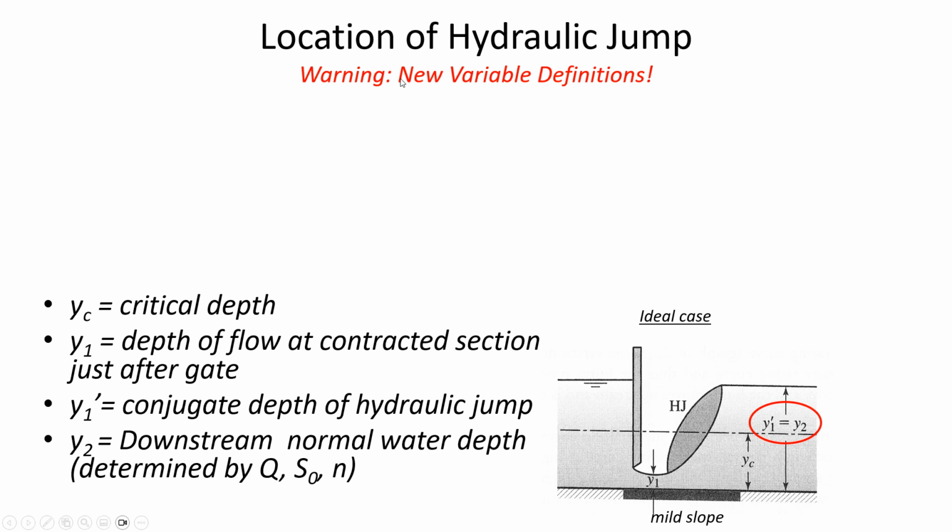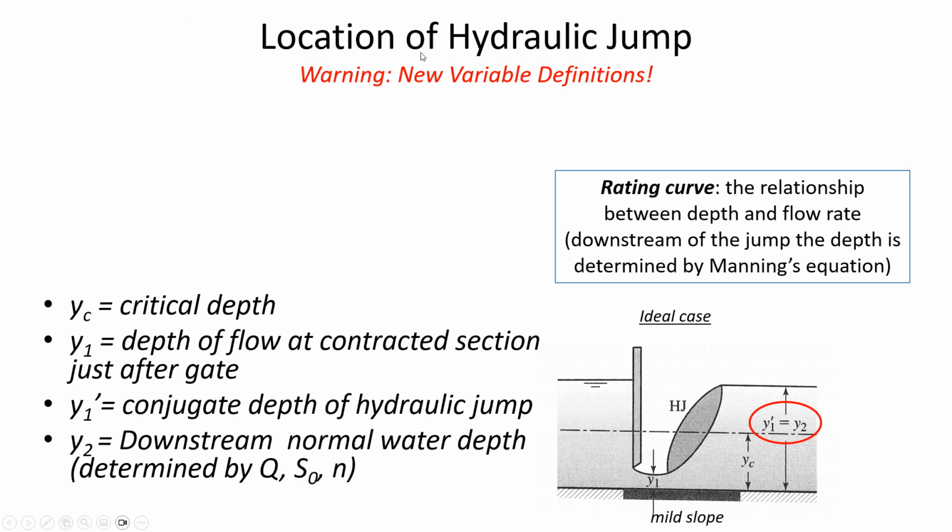Really, the heart of this assessment of where the location of a hydraulic jump is, is evaluating what the capacity of the channel downstream of the hydraulic jump is. So, the channel that the hydraulic jump is occurring in, what are its characteristics, like the Manning's n value, its roughness? What's the slope of that channel?